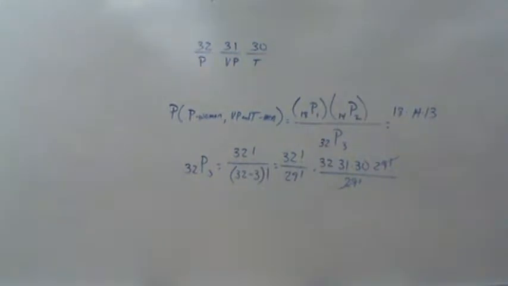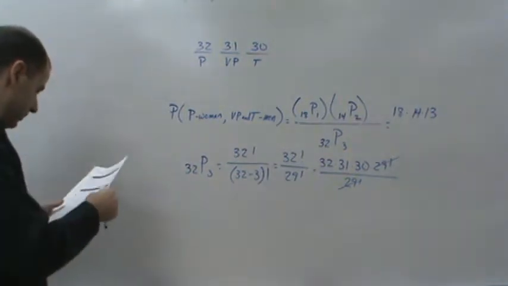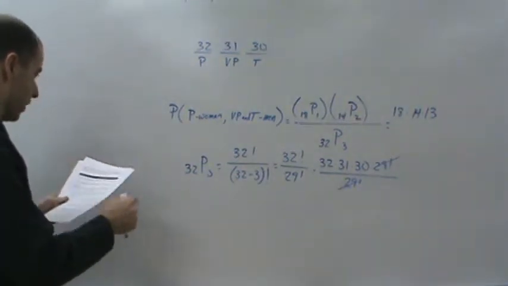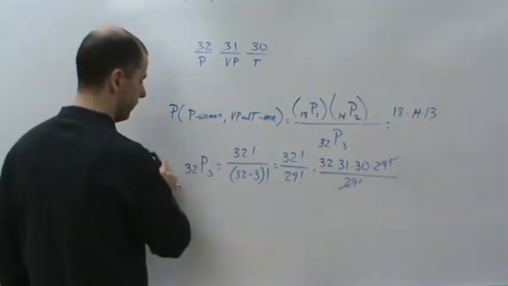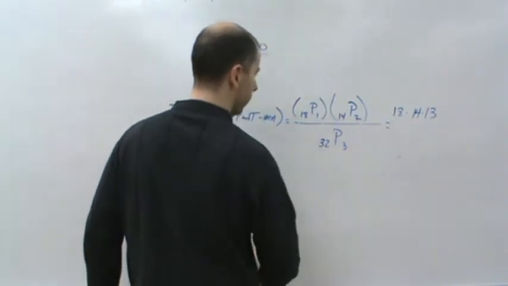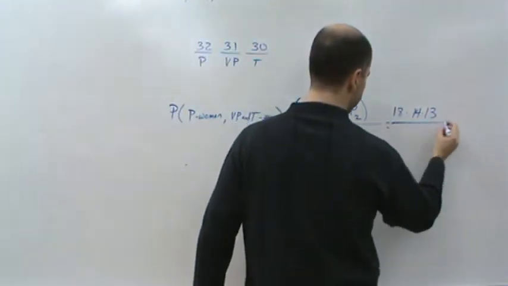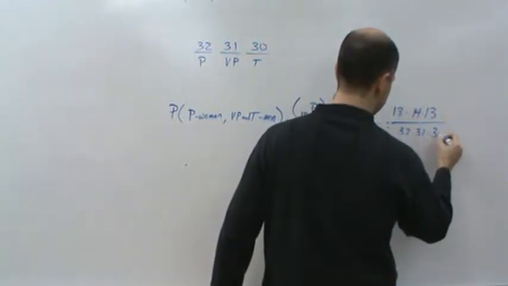Okay, so now let me make sure we got this. Okay, so now here we go. So now the probability of getting these just turns out to be this, right? 32 times 31 times 30.